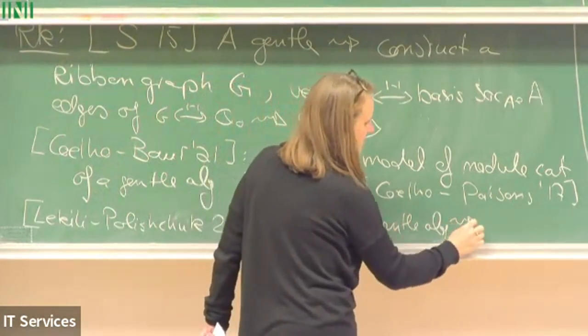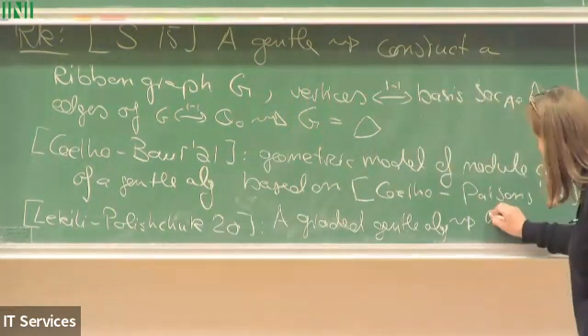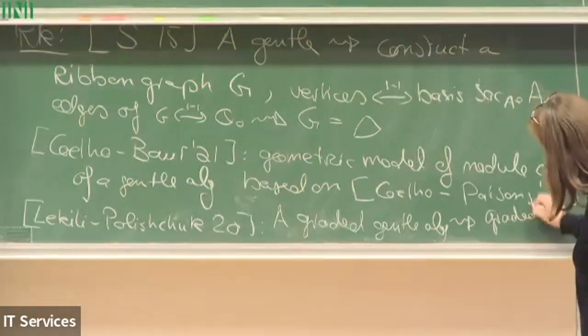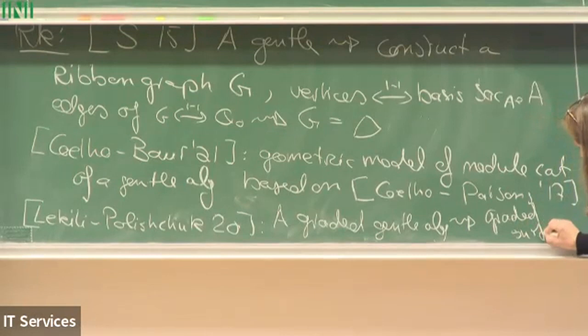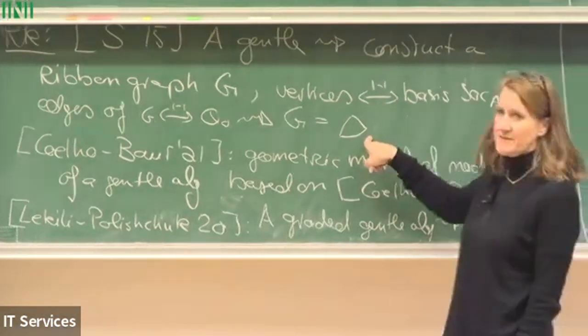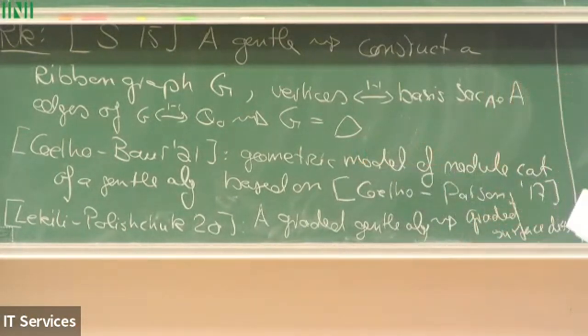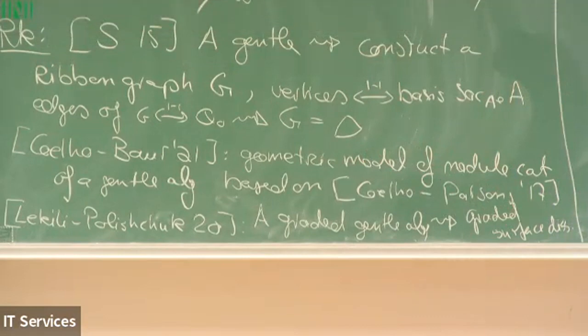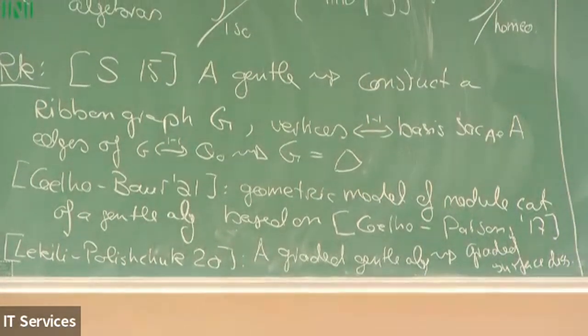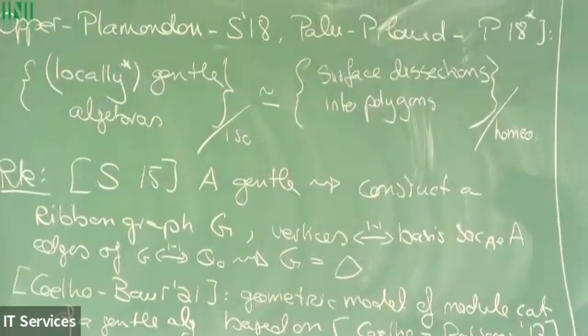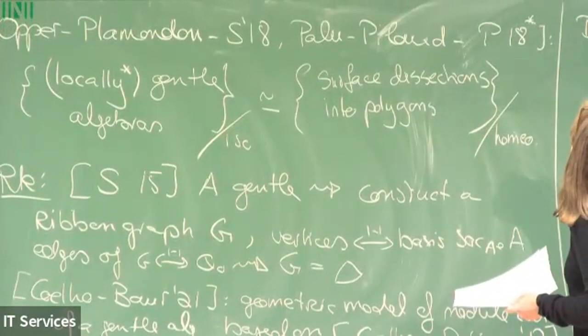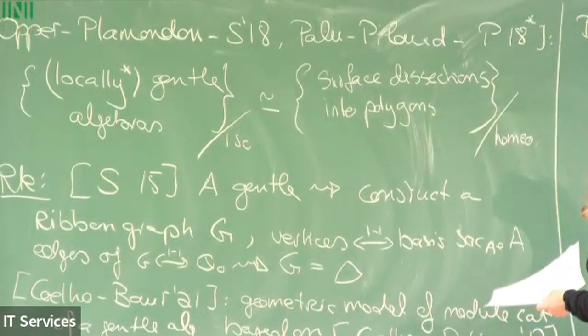And then what they get is a graded surface dissection, which is basically this surface dissection here with a grading. And I'll say something about this in a minute. But before I do this, let me tell you about the dual dissection, which really plays an important role.